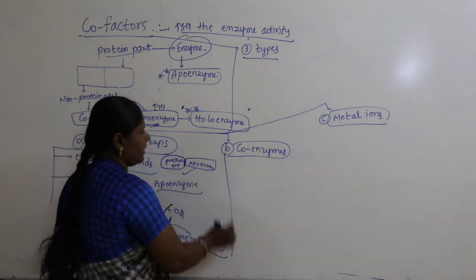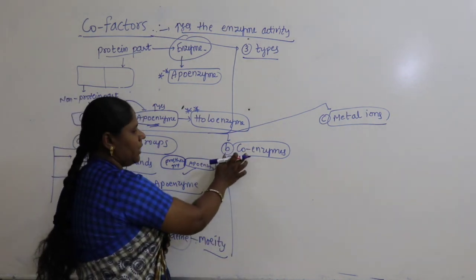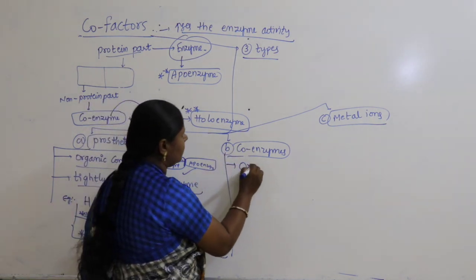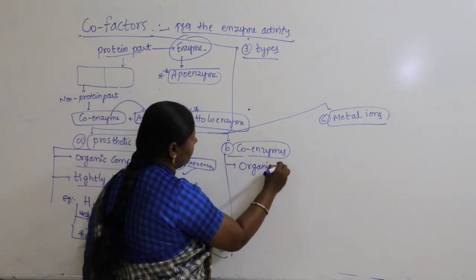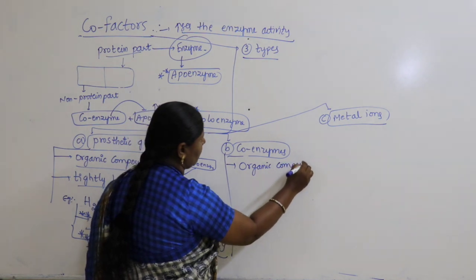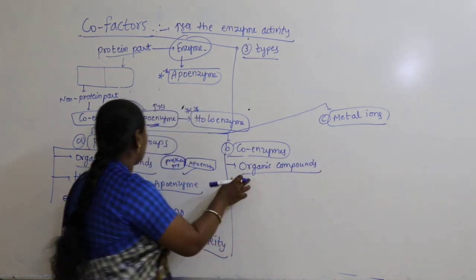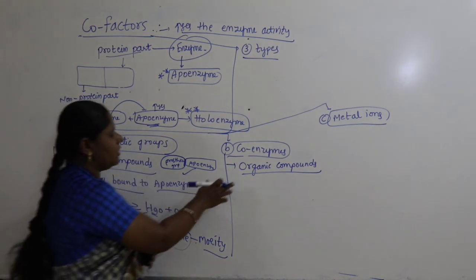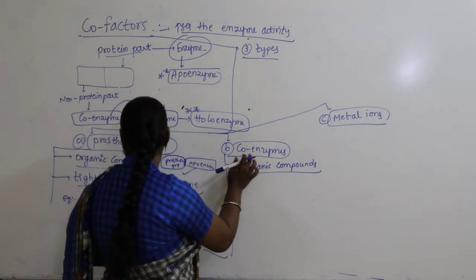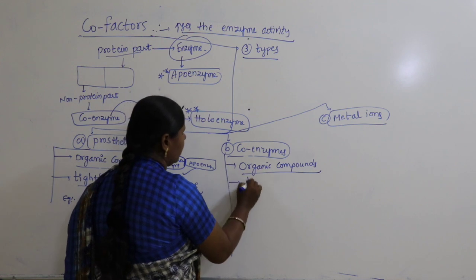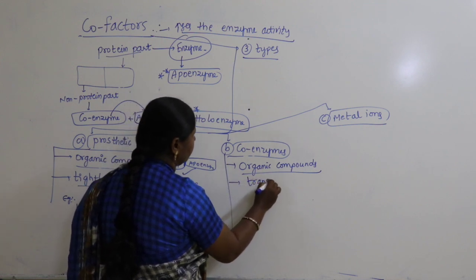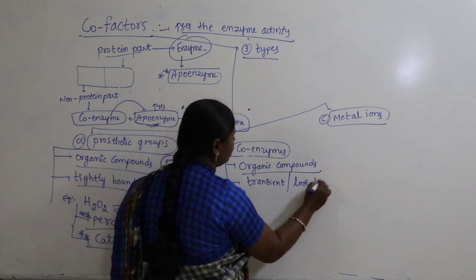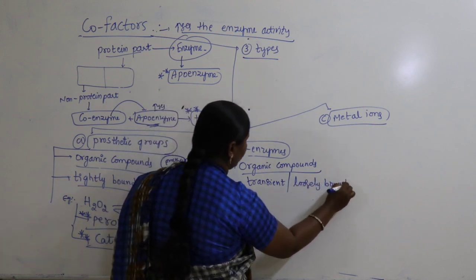Let us come to the second category. What is that? Coenzymes. Let us discuss coenzymes. These are the same as prosthetic groups. Prosthetic groups are organic compounds and coenzymes are also organic compounds, and here they are transient, or we say loosely bound to apoenzyme.